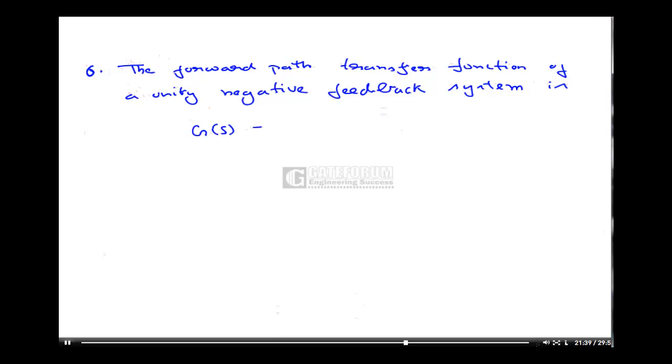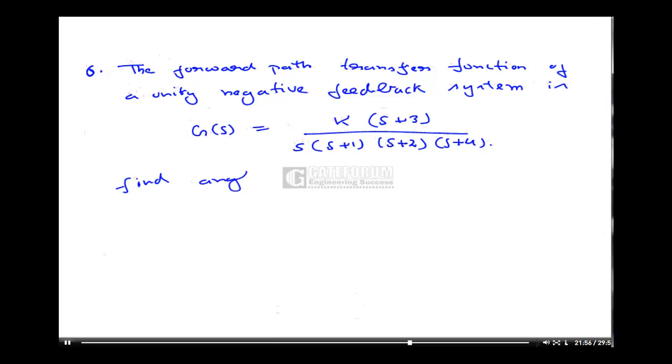G(s) equals K times (s plus 3) upon s(s plus 1)(s plus 2)(s plus 4). We have to find the angle of asymptotes.